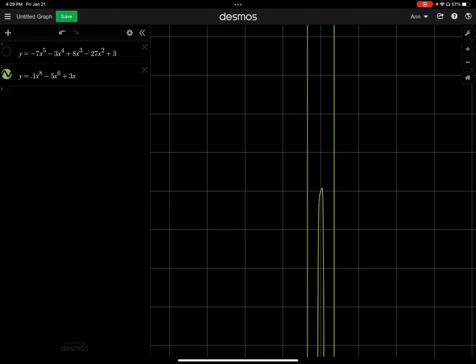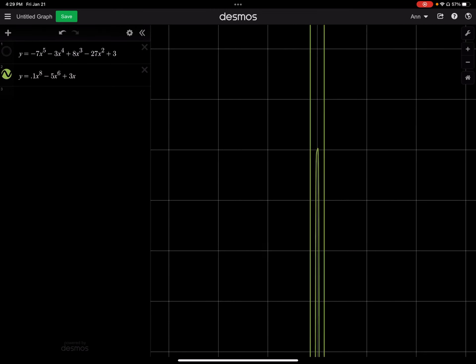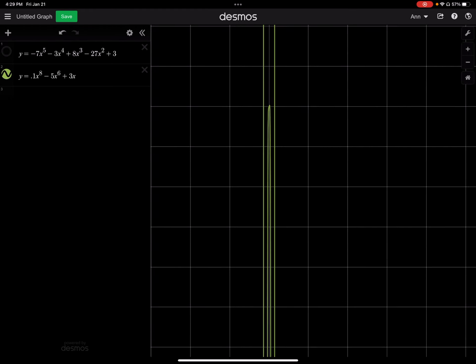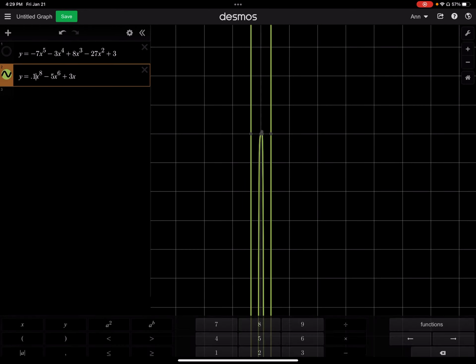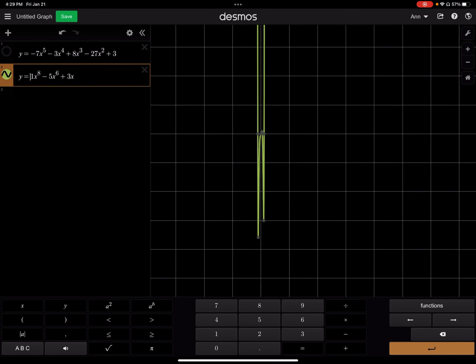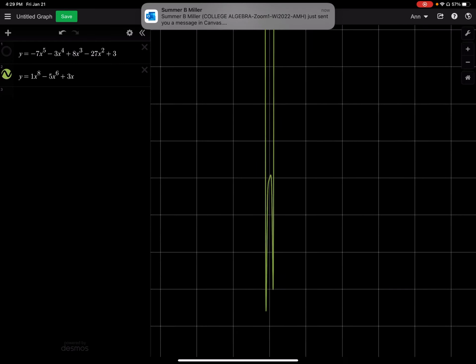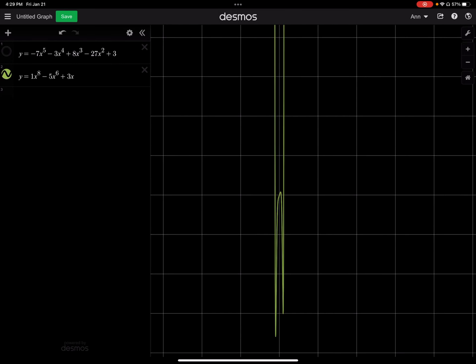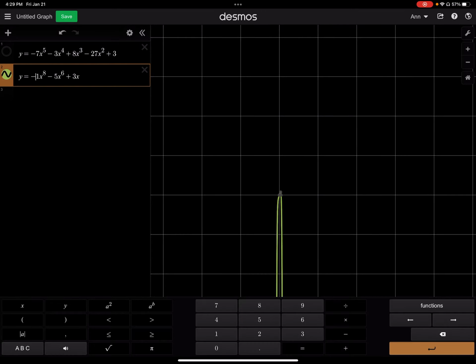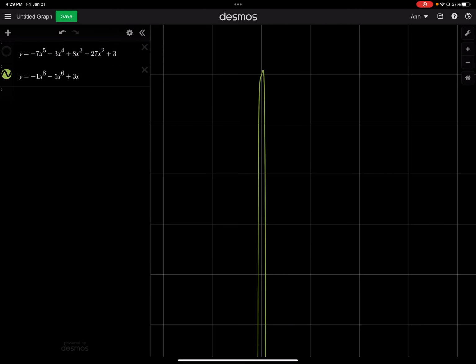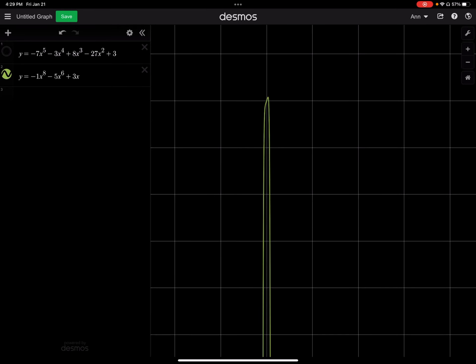Okay, what happens? Oh, it makes this kind of weird, funky U shape. Let's change this. There. It makes that U shape, doesn't it? And what happens if I make this negative? It just turns it upside down.